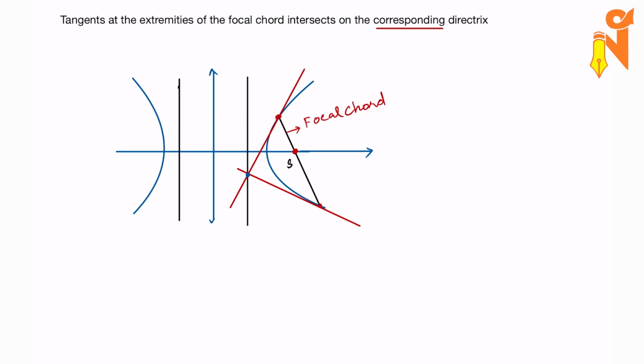So at the ends of the focal chord, let's take P and Q. If you draw tangents passing through the extremities of the focal chord, for this focus, this is the directrix, so they will intersect at the corresponding directrix. Similarly, if you draw tangents at the extremities of a focal chord passing through the other focus, say S dash, then they will meet at this directrix. That is what the corresponding directrix means.